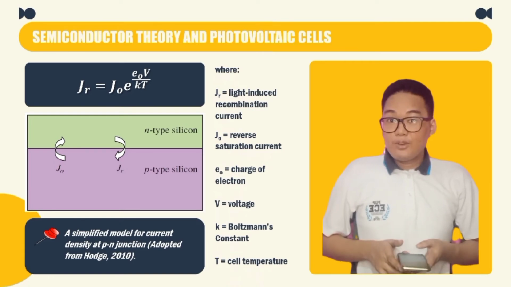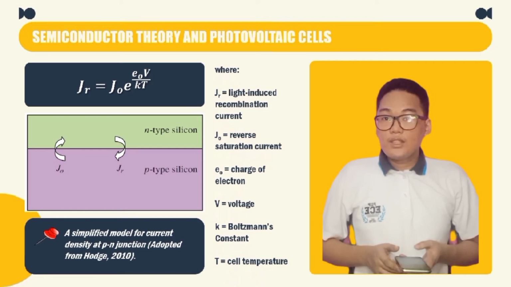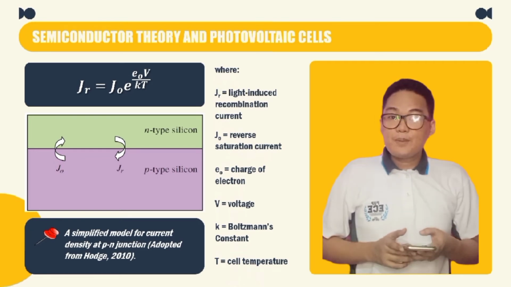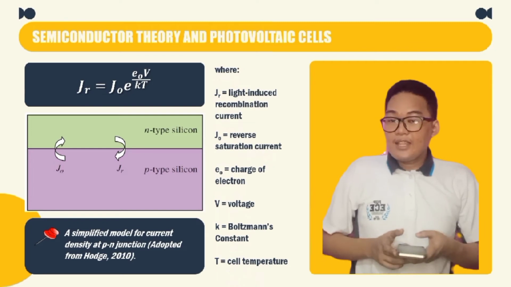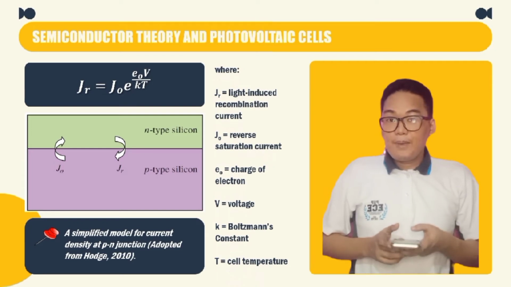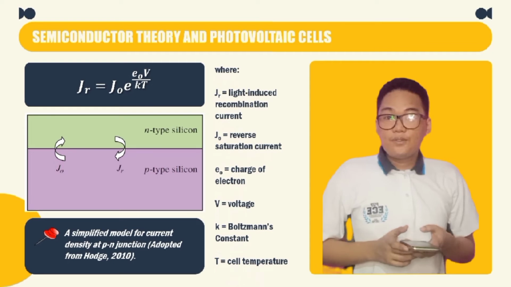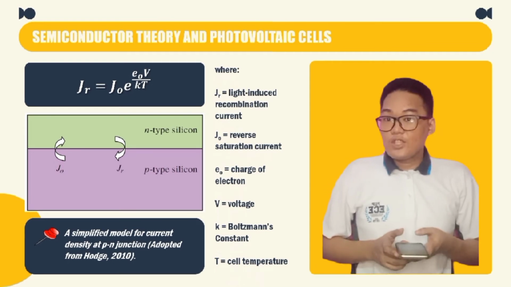To further elaborate, we now see a simplified model of a solar cell which involves a p-type semiconductor and an n-type semiconductor. It is depicted here that there is a current density flow at the p-n junction of a solar cell.